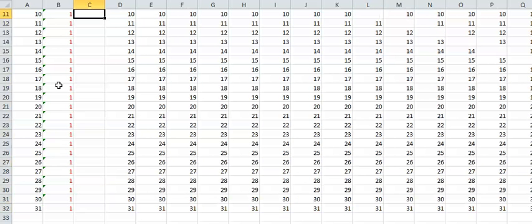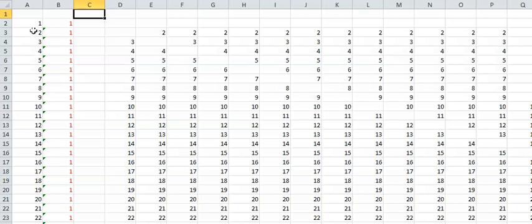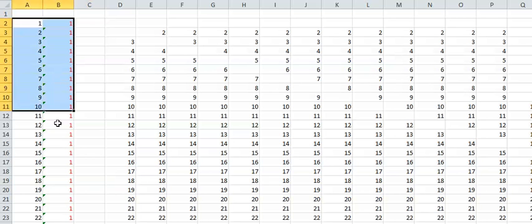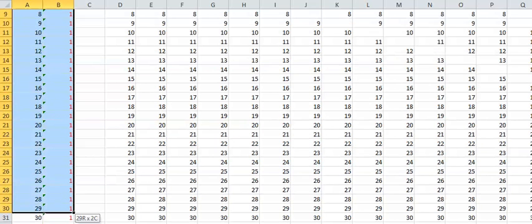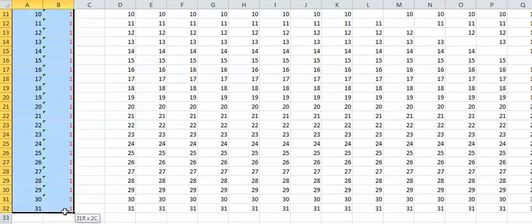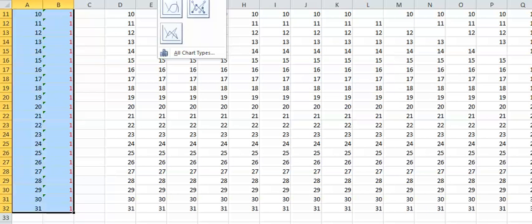So if I highlight the population column and all these frequencies, I can make a histogram of the population. Well, it's actually a dot plot, but it shows the same thing as a histogram.